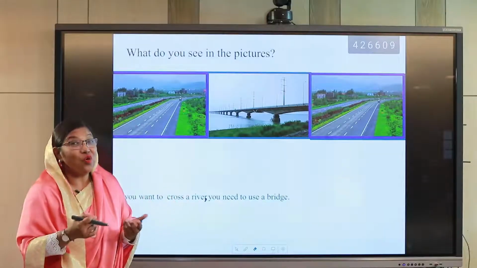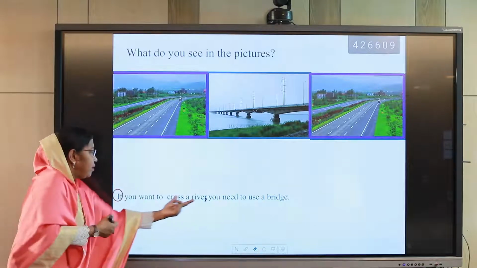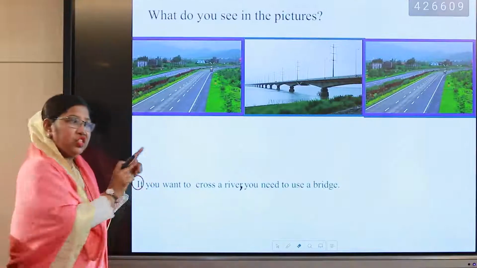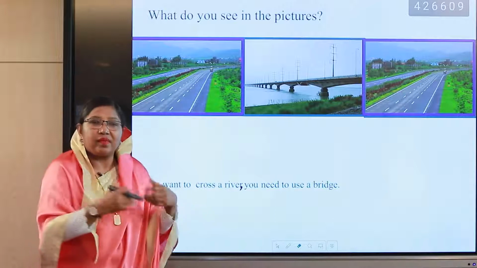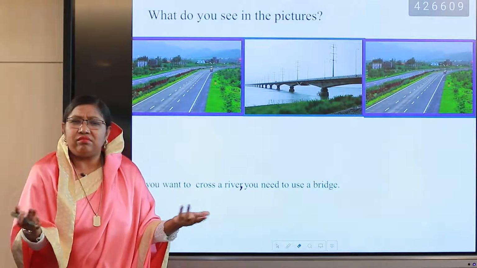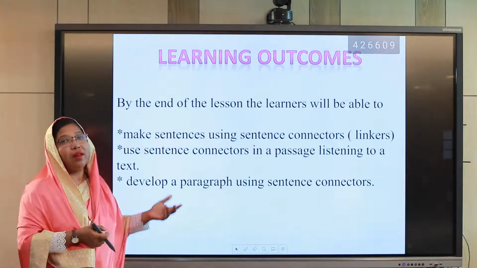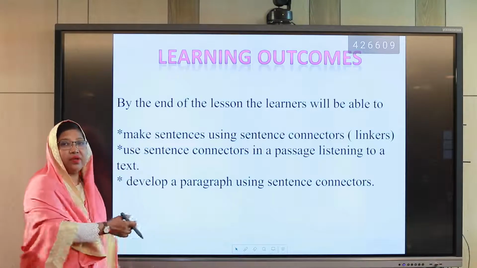Okay? So, you have to make more and more sentences like my one. No need to memorize, just follow this structure and write more sentences. So, what we will learn from today's lesson, these are here.